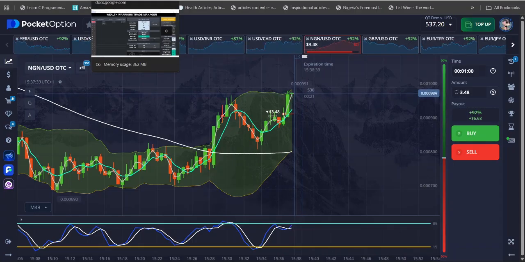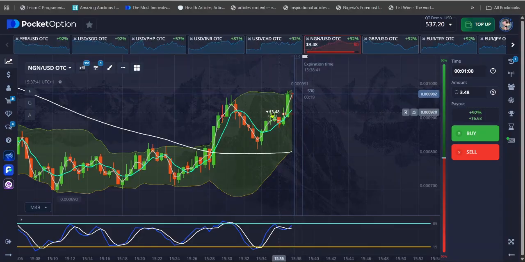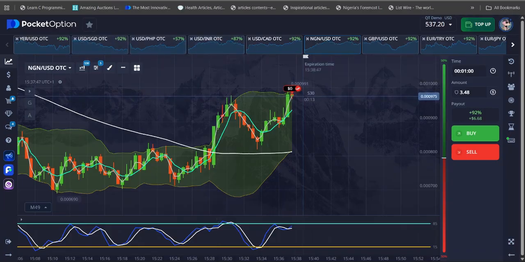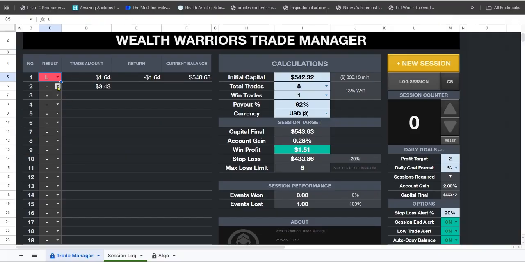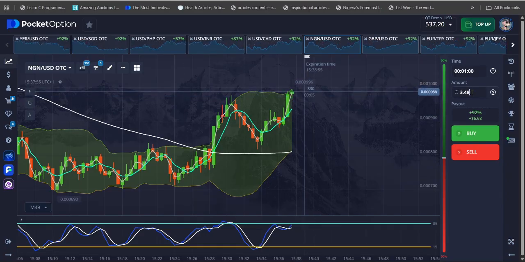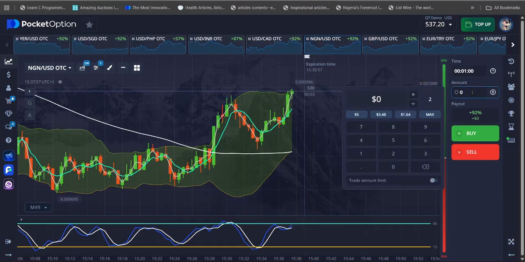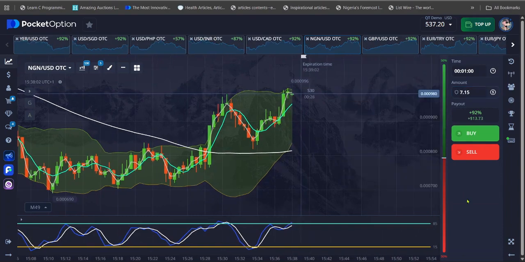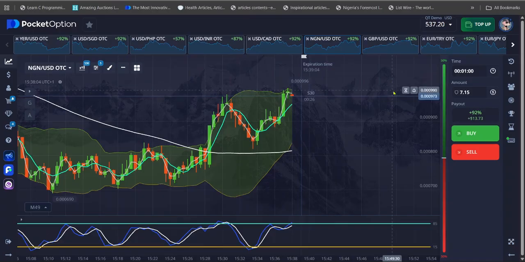I was thinking that I could catch a quick reversal there, but obviously I should have stuck to my own strategy. So we'll mark it as a loss. Our next trade is 7.15. All right, so let's look for another opportunity.